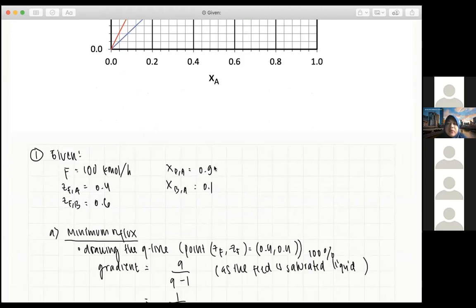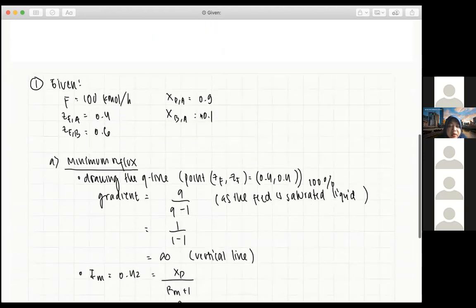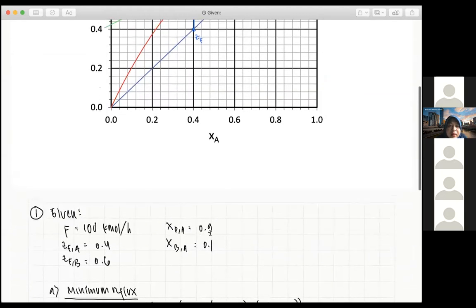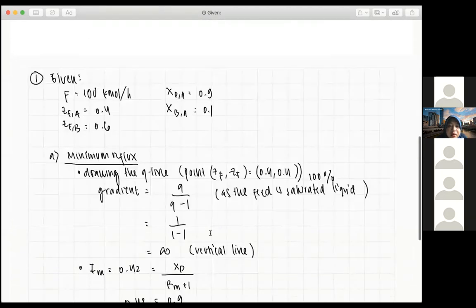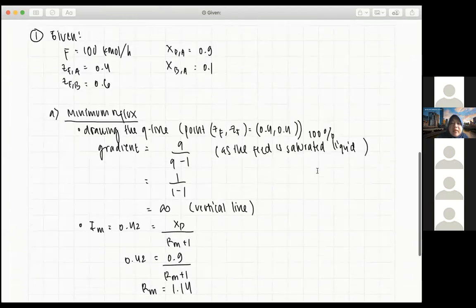Okay, good. Next, xB. You didn't put the xB yet. Not yet. Okay, good. Go back. Just look at the graph then.